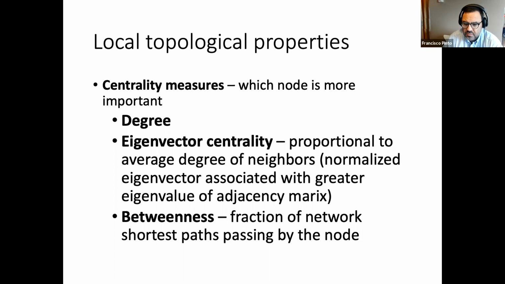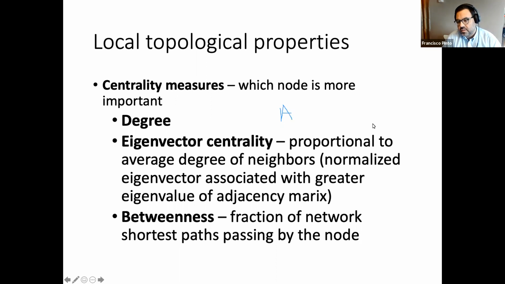Trying to circumvent this limitation, there is eigenvector centrality. What is this eigenvector centrality? Maybe I'll try to write. So we talked in the last class about the adjacency matrix, right?